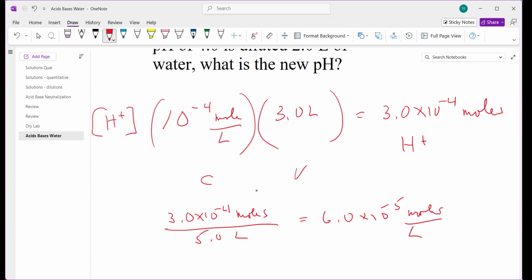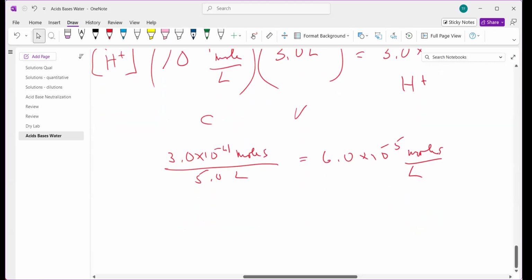I need to know what the new pH is. I don't care about the concentration. What's the pH? So we have the concentration now. So now we take the logarithm of that, and that'll give us our pH.